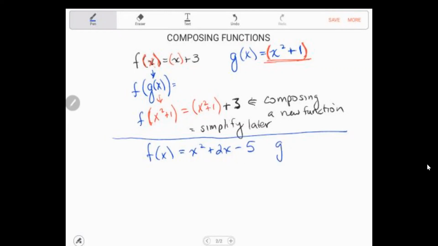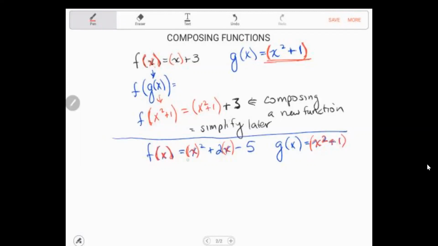I'm going to keep the same function over here of g of x, so it's still going to equal x squared plus 1. Now, let's think about visually how we want to look at this. Everywhere there's an x, that's what our function is going to look like. So we have 2 x's there, and here is the function that we want to insert.